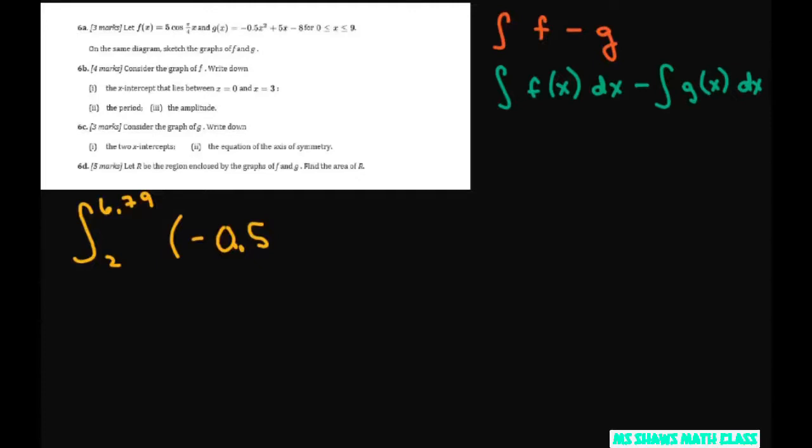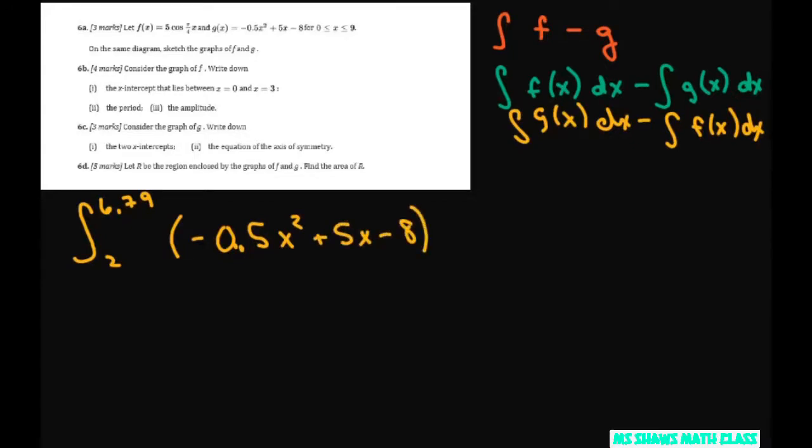So I'm basically doing g of x dx minus f of x dx. So basically, negative 0.5x squared plus 5x minus 8 minus 5 cosine of pi divided by 4x.